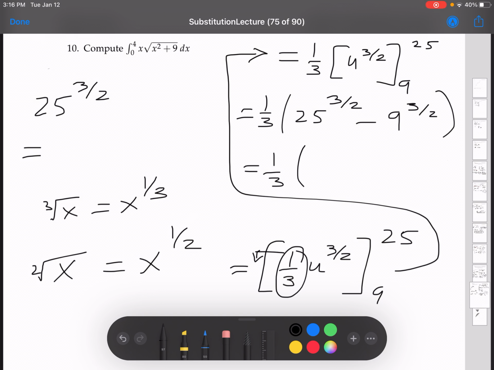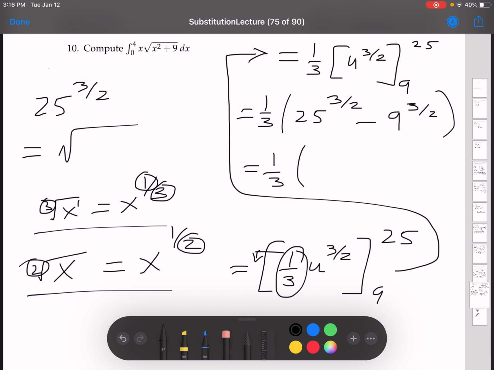So I use these ideas as my model. This thing in the bottom goes right there, that 2 goes right there, so this would be the square root, and then that 1 goes right there. So I just think of this as the square root of 25 cubed.